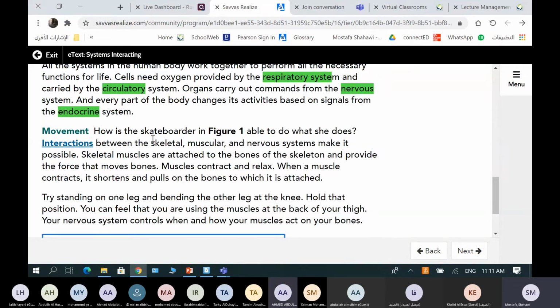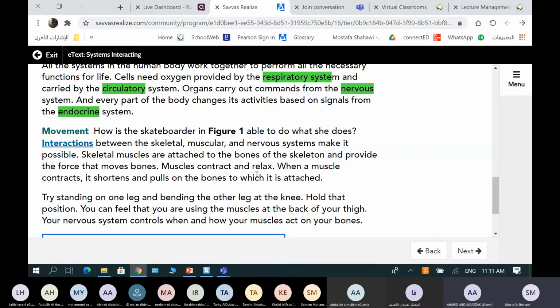Movement. How is the skateboarder in figure 1 able to do what she does? Interactions between the skeletal, muscular, and nervous systems make it possible. Skeletal muscles are attached to the bones of the skeleton and provide the force that moves bones. Muscle contracts and relaxes.